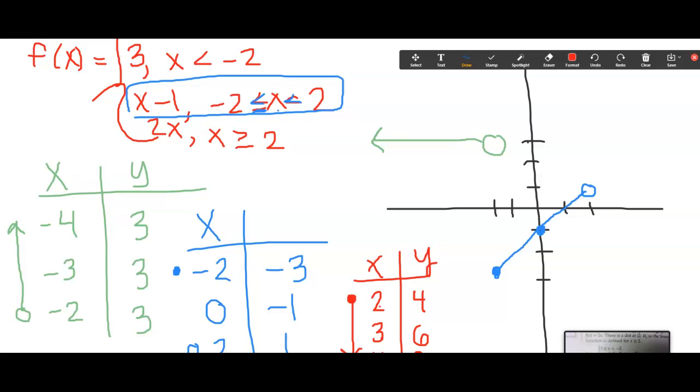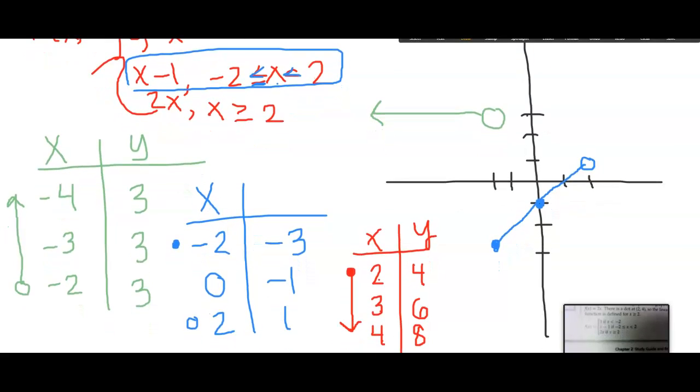So then I'm going to go about plotting those points on my graph. So I have the point 2, 4. And that point is closed. I have the point 3, 6. And I have the point 4, 8.